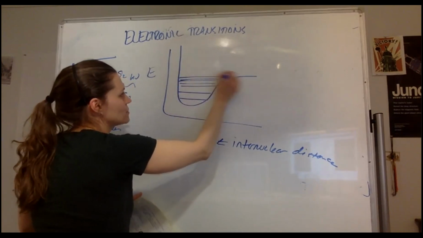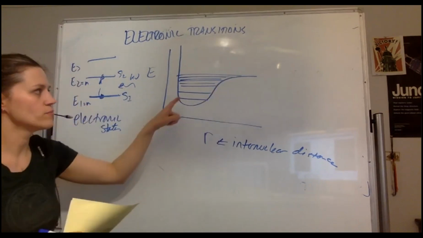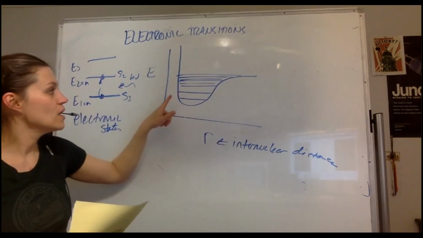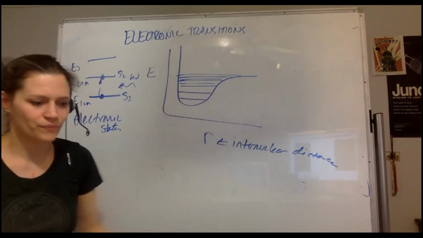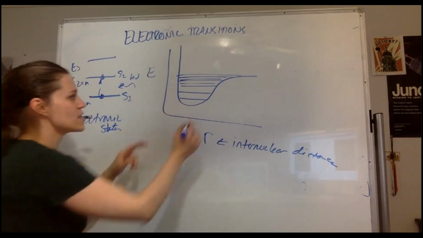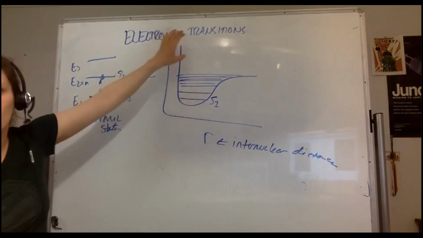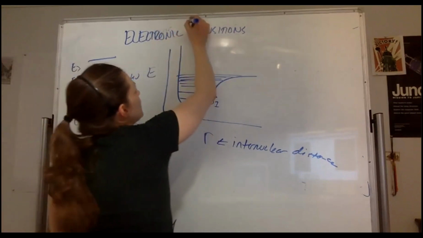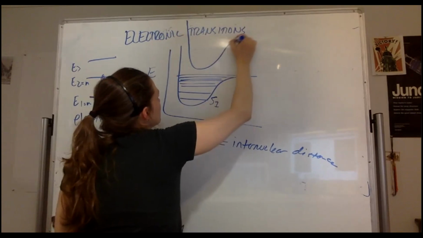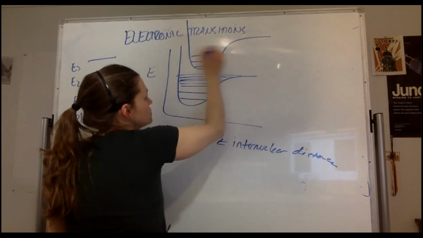This line and this whole thing represents an electronic energy state. And I'll go ahead and add some. So these are my vibrational modes. If, however, this is S1 and I now have another electronic energy state, it's going to look something like this.